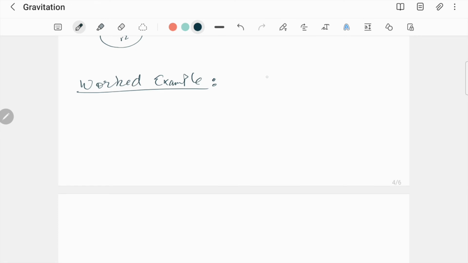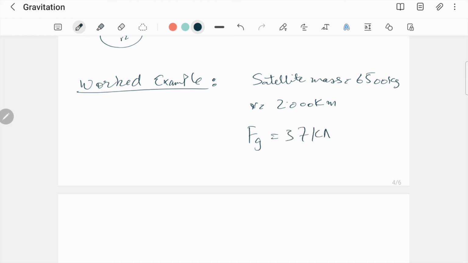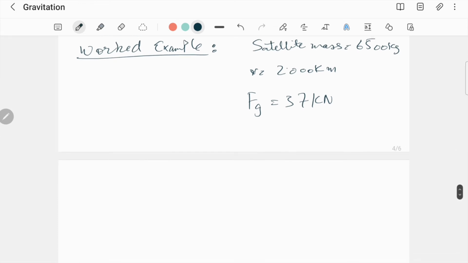Question: a satellite with a mass of 6,500 kgs is orbiting the Earth at a distance of 200 kilometers from the Earth's surface. The gravitational force between them is 37 kilonewtons. So Fg is 37 kilonewtons. Calculate the mass of the Earth.